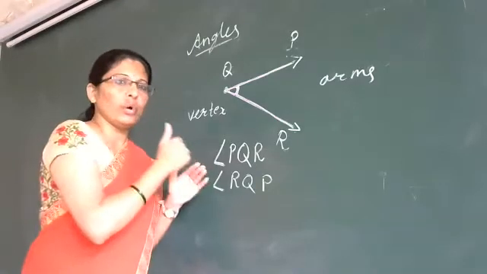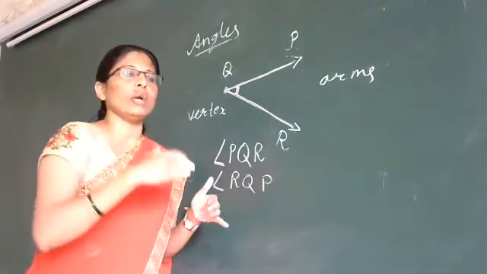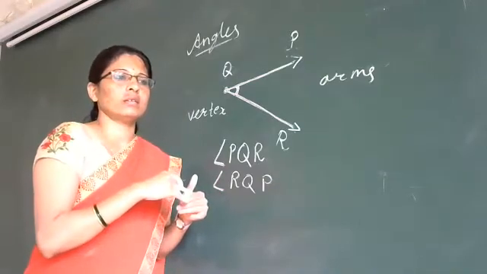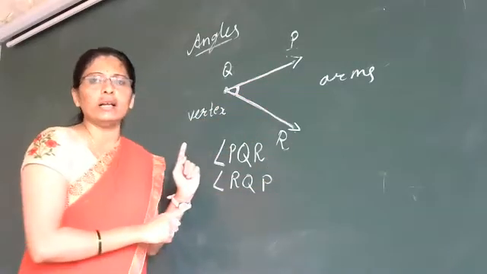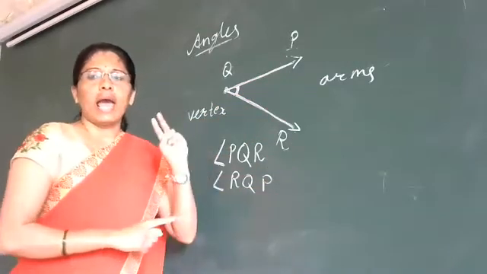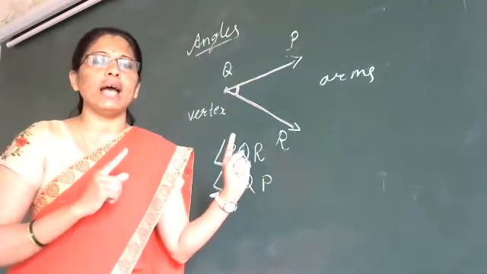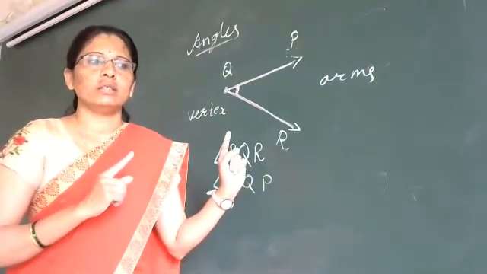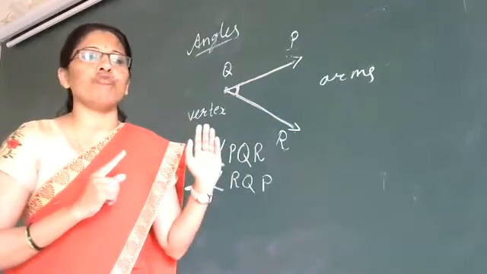We are going slowly to first understand what an angle is, then we'll go to exercises. Did you understand about angle? How many vertices does an angle have? An angle has one vertex. And how many rays is it formed by?